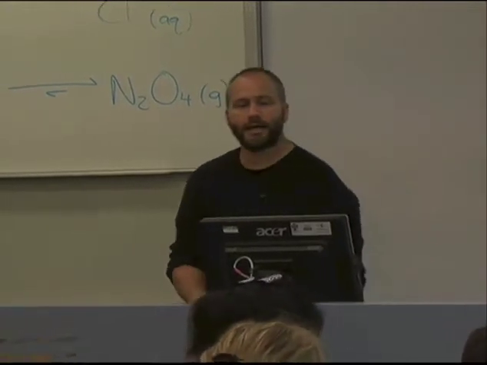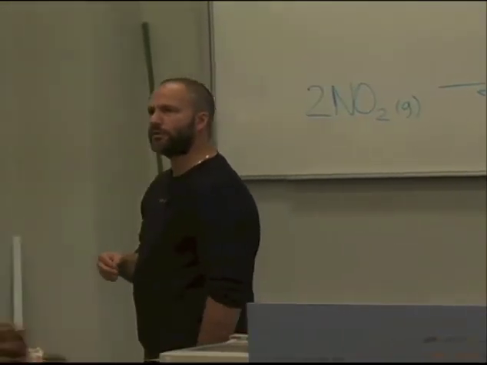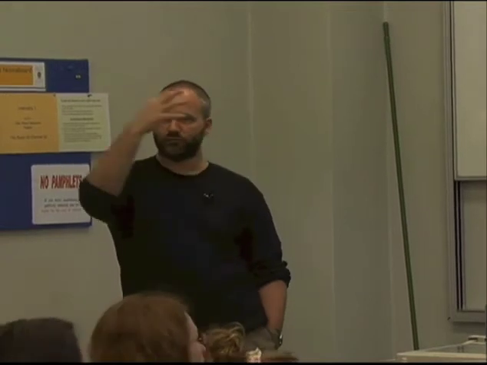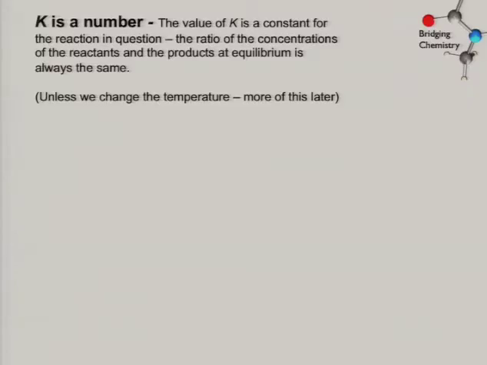Now, K is a number. The equilibrium constant expression is this little thing we've just been doing with the ratio of the concentrations, but the K itself is a number. And what's more, the value of K, this number, for a particular reaction is constant. Hence the name equilibrium constant.